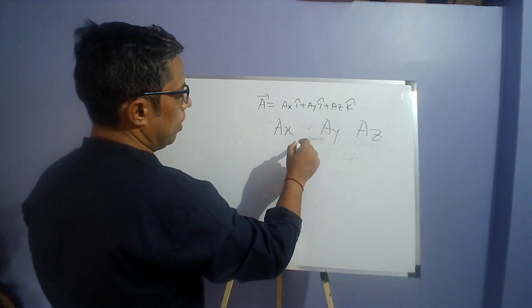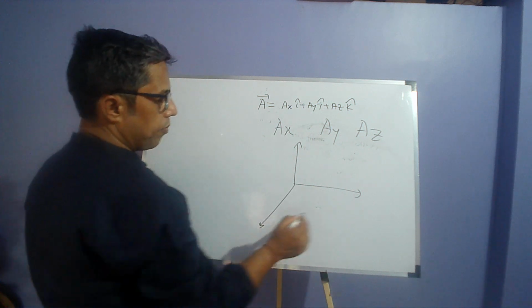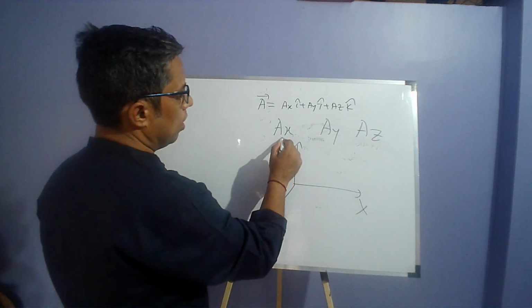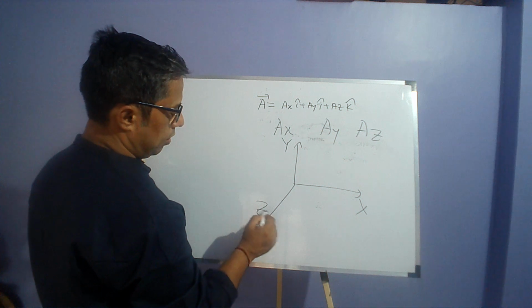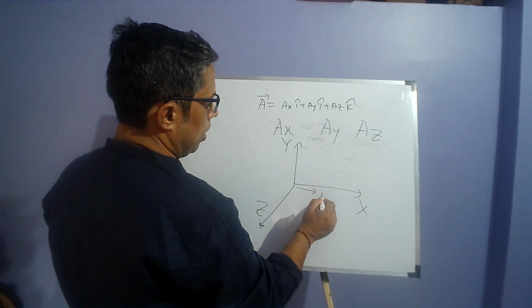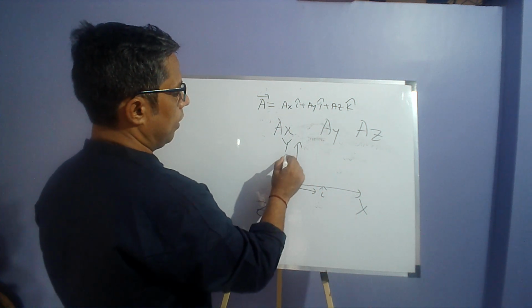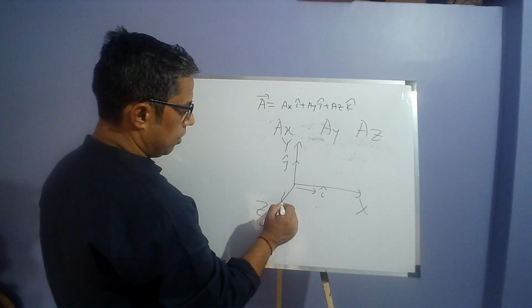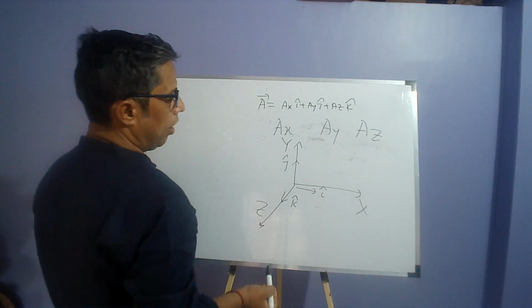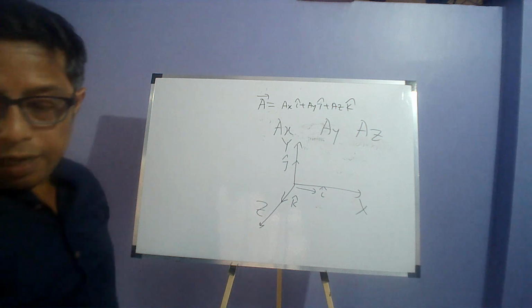So if I draw x, y, z, this is the x axis, y axis, z axis. Along the x axis the unit vector is i cap, along the y axis the unit vector is j cap, along the z axis the unit vector is k cap. So i, j, k, we are calling the orthogonal triad.